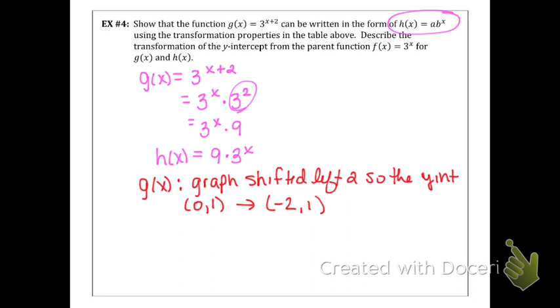And then for h of x, well, we know that that's in the form, that's a geometric sequence form. That's a sub 0 times b to the x. So because of that, that was supposed to be an a.